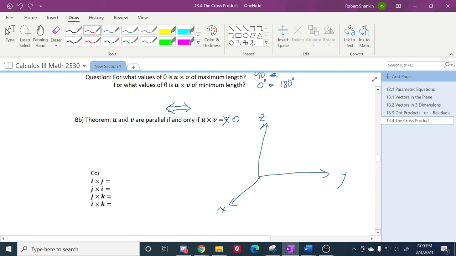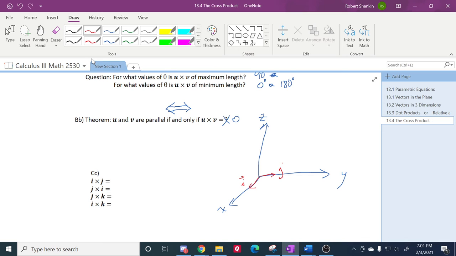Okay, so here is i, if it went 1 unit. Here is j. And we're going to use the right-hand rule. For i cross j, you have to distort your hand so the thumb is pointed up, coming out of your computer directly towards you.